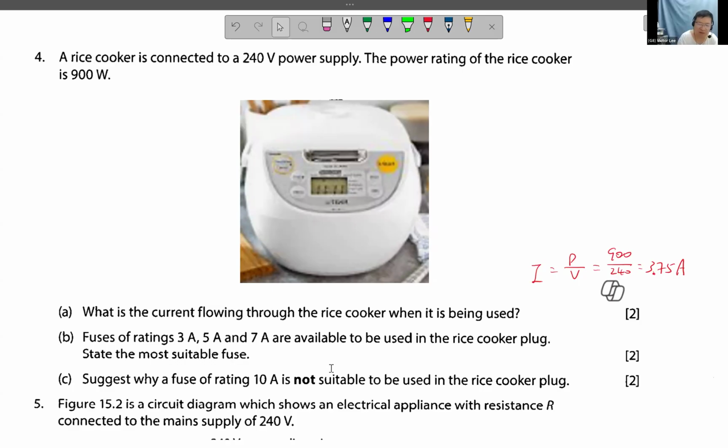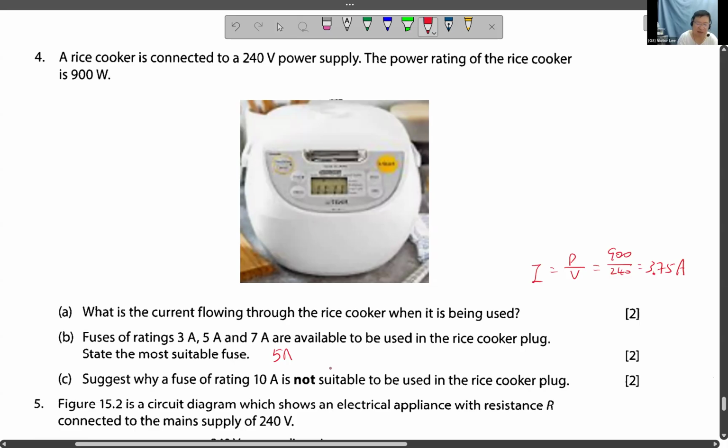Why? Because the fuse rating must be higher than the operating current. What happens if it's lower? Straight away it melts. Because the operating current is 3.75, if I use a 3, the 3.75 exceeds the rating, then it will melt.